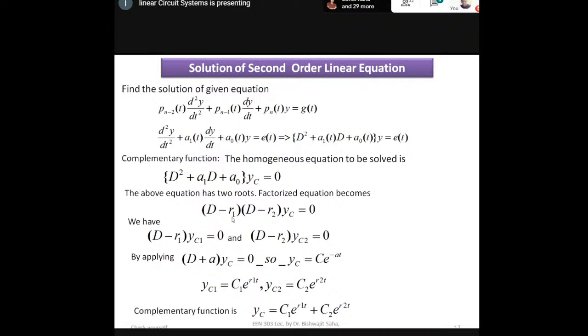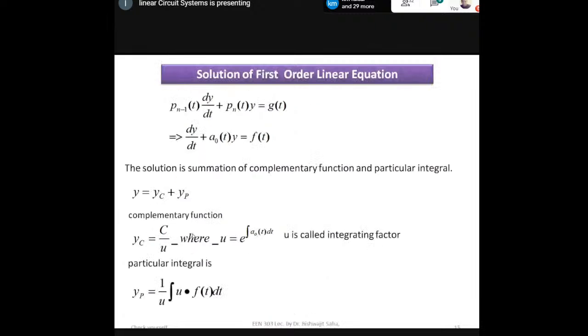After that, you have this R1, root 1. Similarly here. Since we know the first order equation solution, the complementary function, we can find it easily, isn't it? If we go back to our slide number 15, YC is going to be found from dy by dt plus a0 of t y equals 0, since it is a homogeneous equation and it has a complementary function.